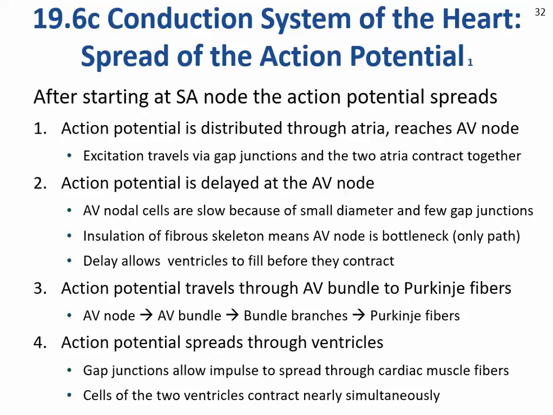Then the action potential goes through the AV bundle and the bundle branches all the way to the Purkinje fibers, and then causes contraction, systole, of the ventricles. The pressure increases and the blood is pushed out of the ventricles through the semilunar valves and into the great vessels.